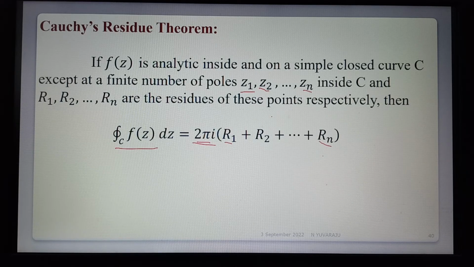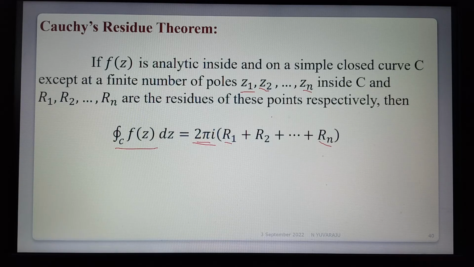Poles mean the given function is not analytic at those points, and z1, z2, up to zn are all inside C. The poles must be inside the region. If a point is outside, it is not required, we cannot discuss those outside points.